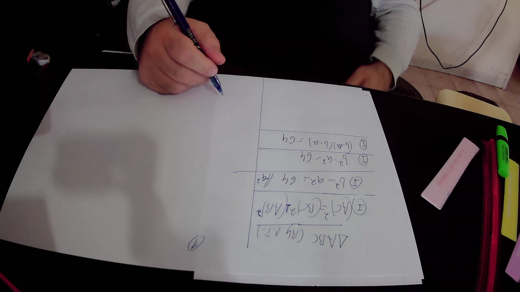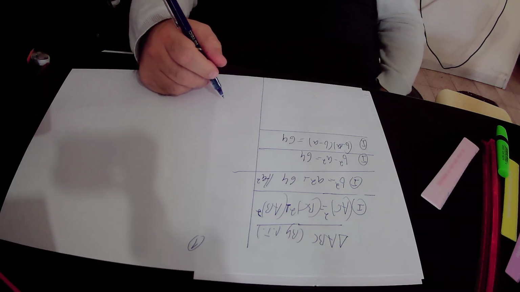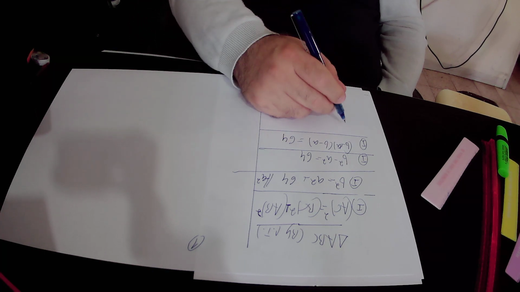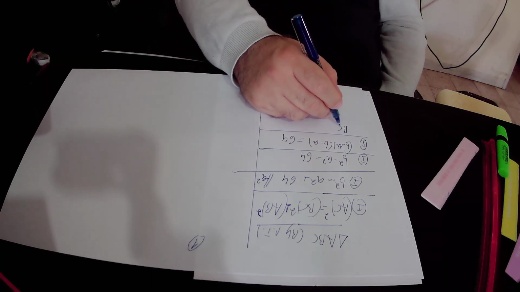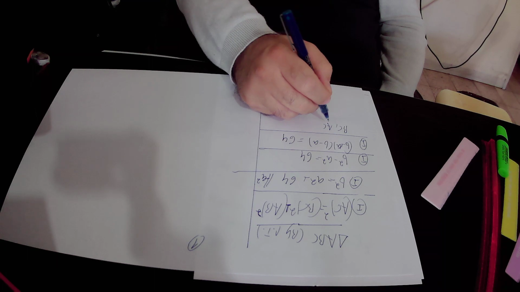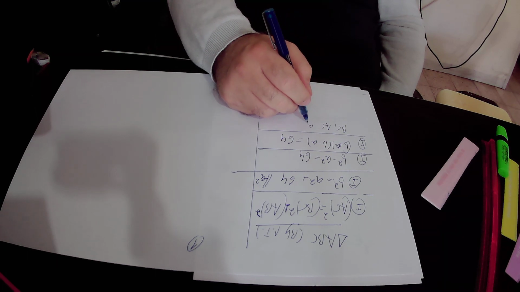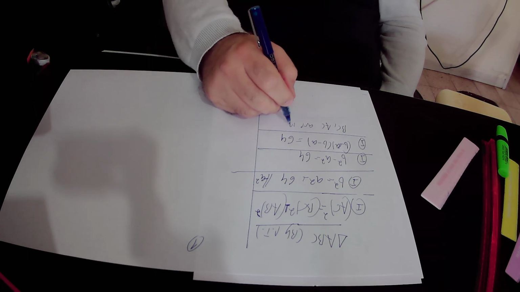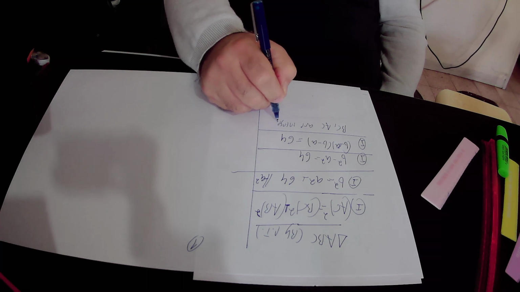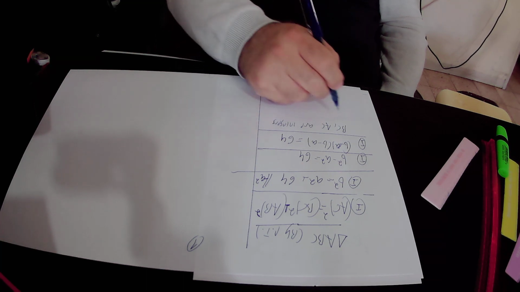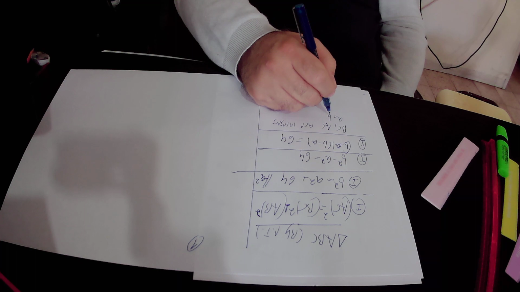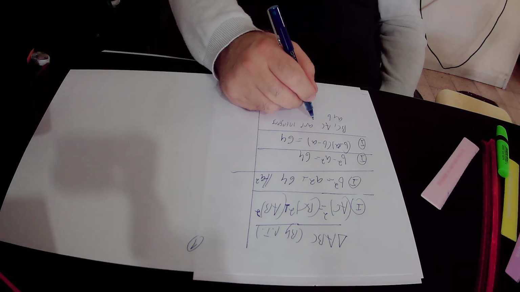According to what is given in the question, BC and AC are integers. That is to say, BC is A and AC is B, so A and B are integers.